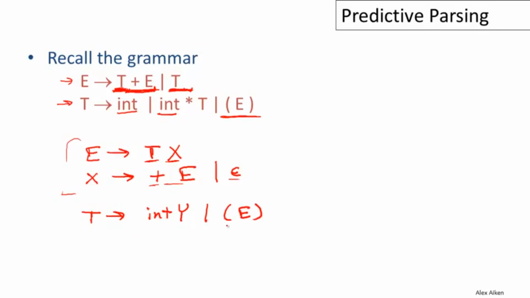Because it already begins with something different, we won't have any trouble predicting between these two possible productions. And now we have to write the productions for Y. And again, we just take the suffixes of the productions that we left factored and write them down as alternatives. So one is empty and the other one is times T. So we wind up with times T or epsilon.